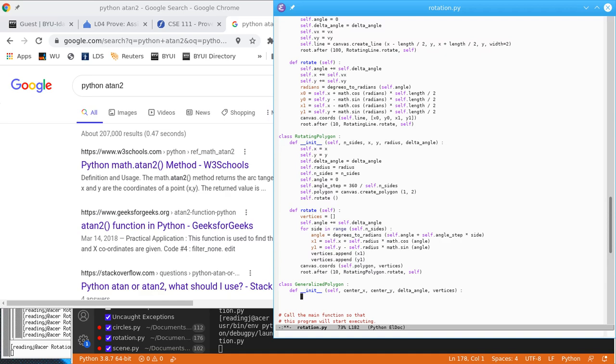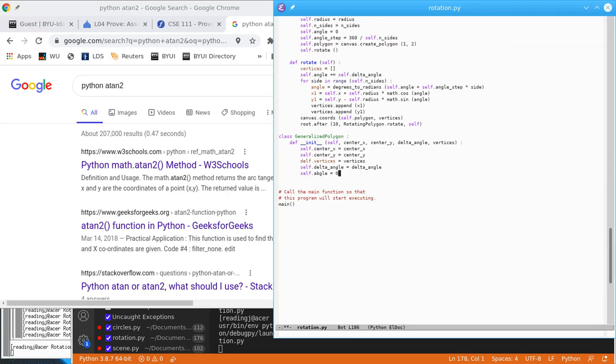Okay, so now we've got self.center X equals center X, self.center Y equals center Y, self.vertices equals vertices, self.delta angle equals delta angle, and self.angle, as always, we'll start it at 0, right?